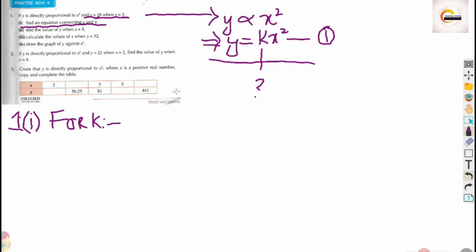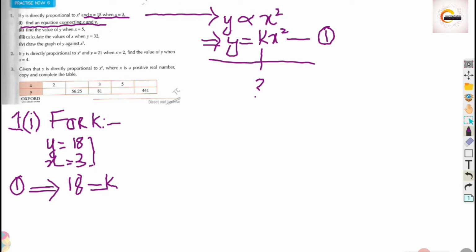We will find it by using the given values, that is y is equal to 18 and x is equal to 3. I will put these values in our equation number 1. 18 is equal to k into 3 whole square.